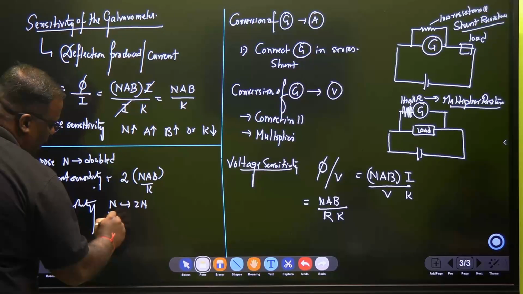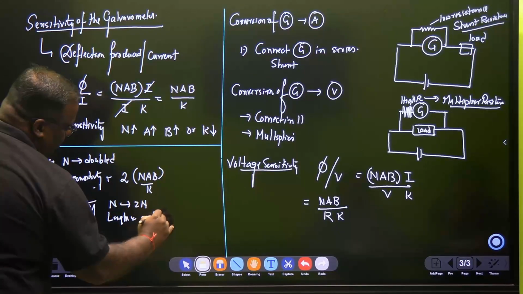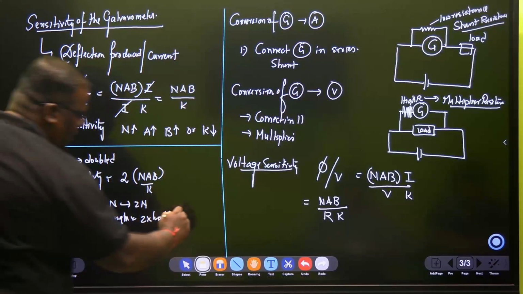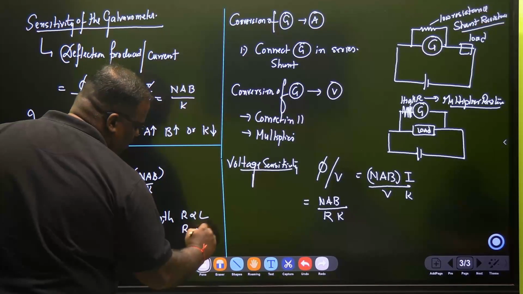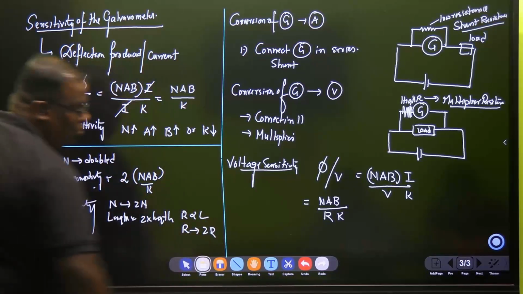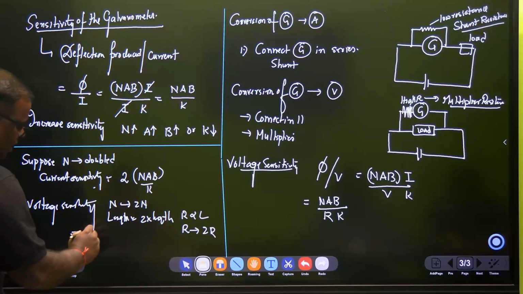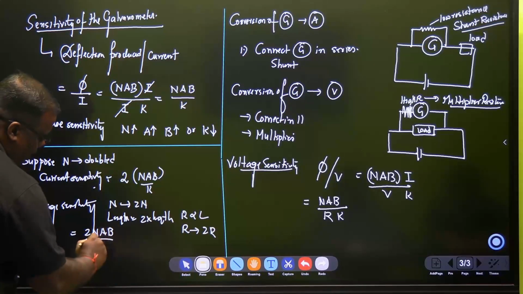Don't you think the length also has become twice the length? Yes. And resistance is proportional to length. So your resistance has also become 2R. Therefore, here the voltage sensitivity has become 2NAB divided by 2RK. 2 and 2 cancelled.